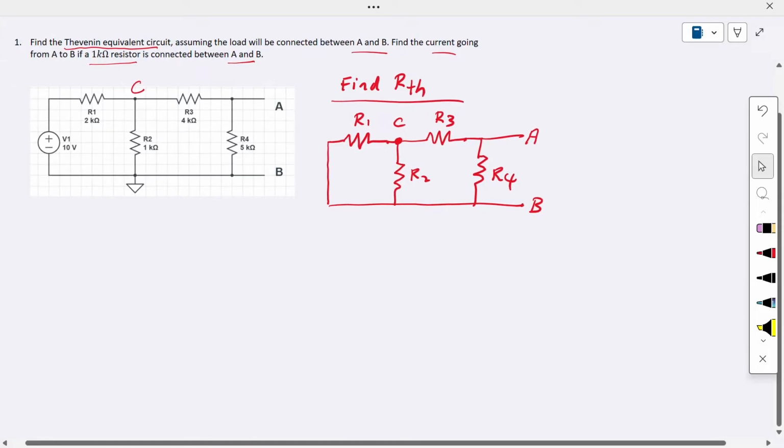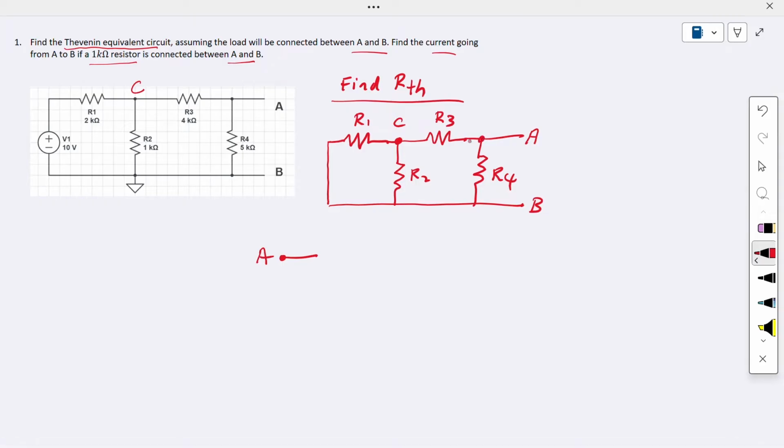If we draw the circuit, let's say we're going to start from the node A, this A node here. Okay, in this case, it will split into R3 and R4. So here will be R3, split into 2. This is the R4. Okay, so the end terminal of R3 is denoted as C. At this C node again it is split into R2 and R1.